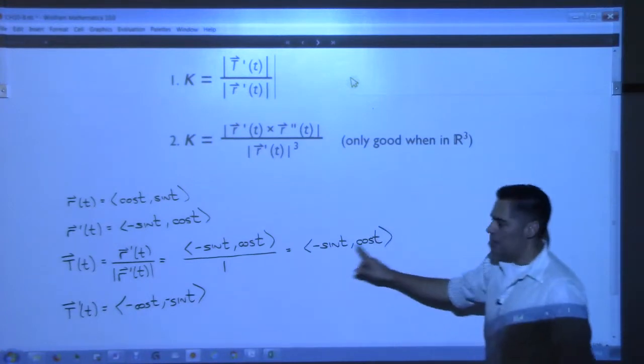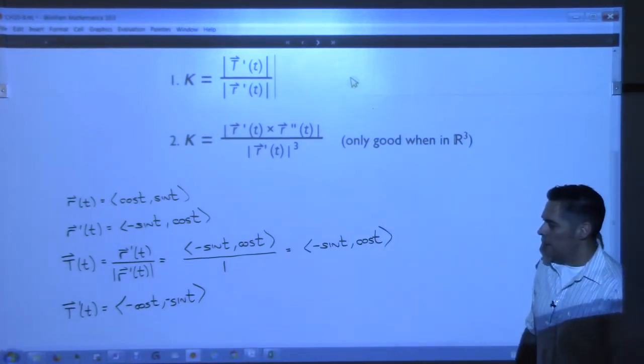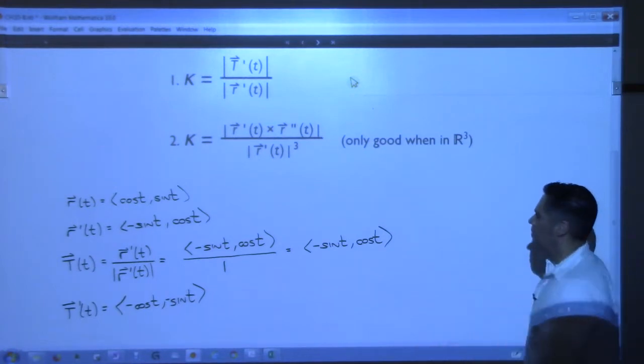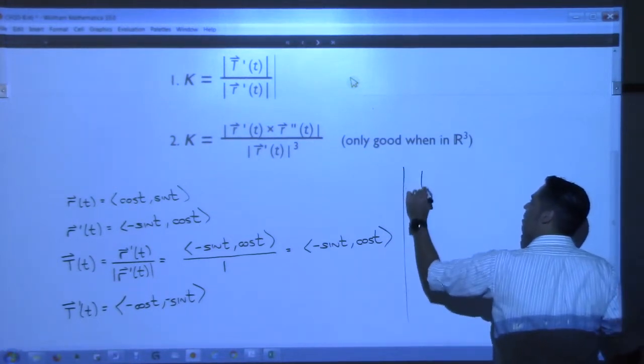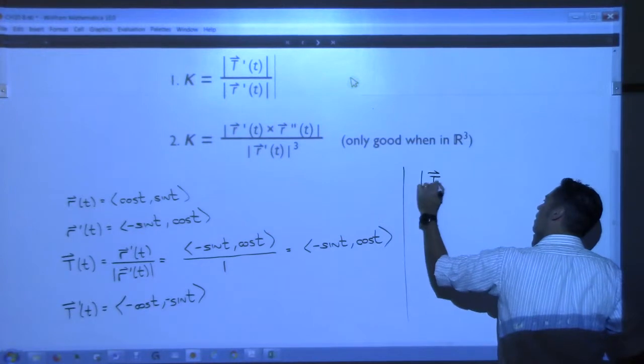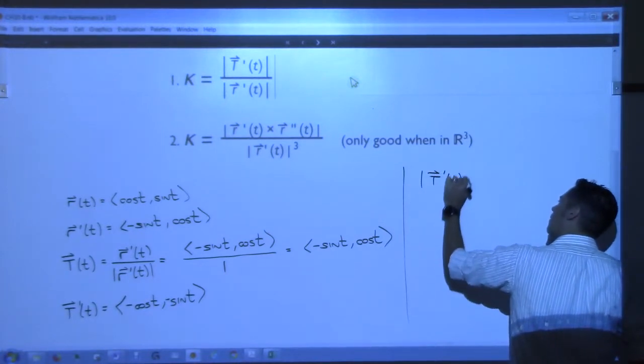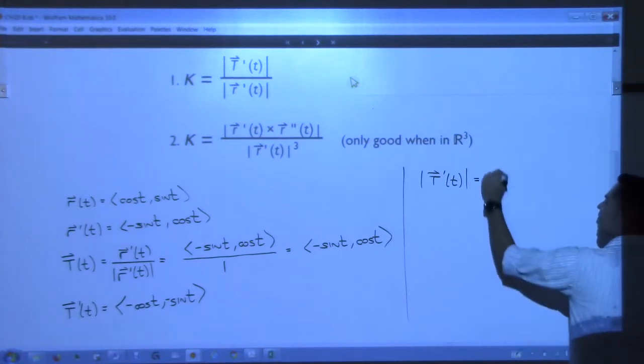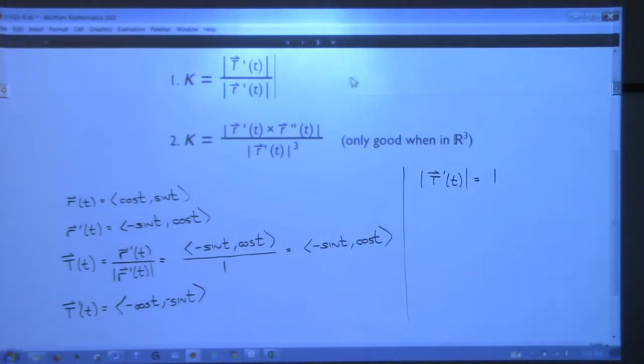Right? Negative cosine t, negative sine t. That's the derivative of that. And now we need its magnitude. So the magnitude of the derivative is, well, 1 again, right? Okay, all of that for 1, right?